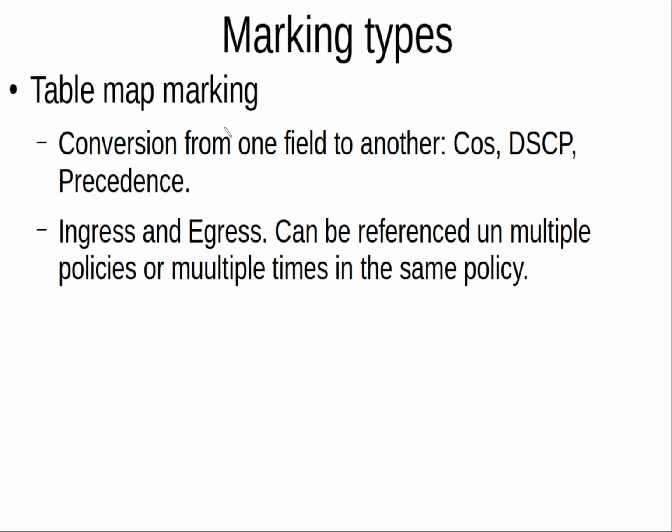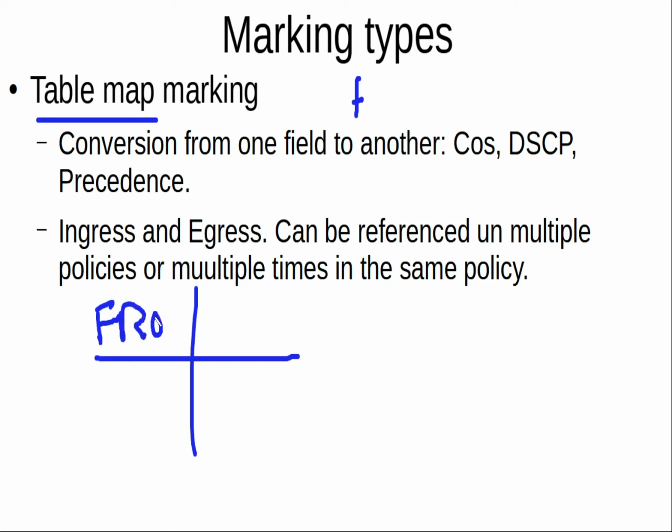Now, we can use something that is known as table maps. This is a relatively new feature. So with table map markings, we can create tables where we can establish a from value and a to value. With these tables, the from value can go from 0 to 99, and the to value can go from 0 to 99.